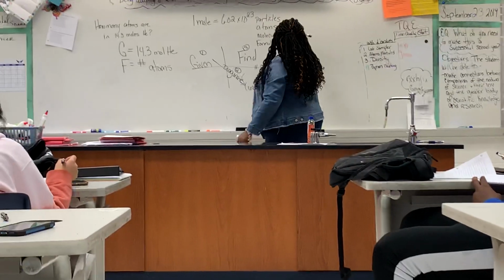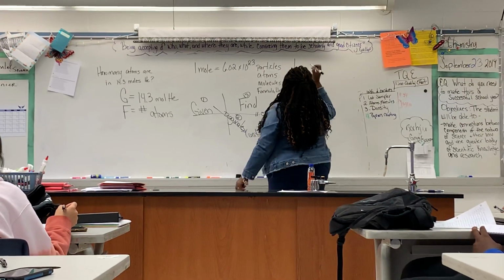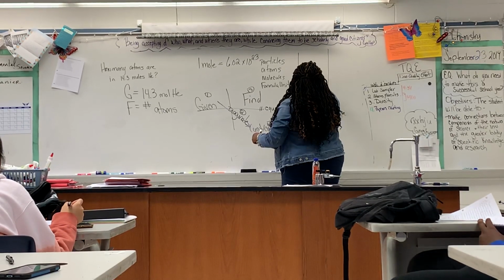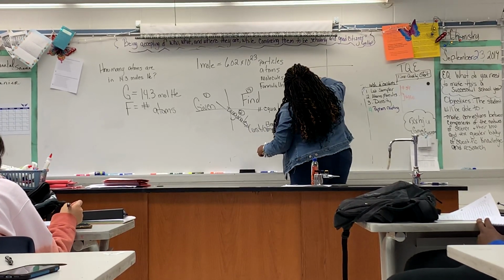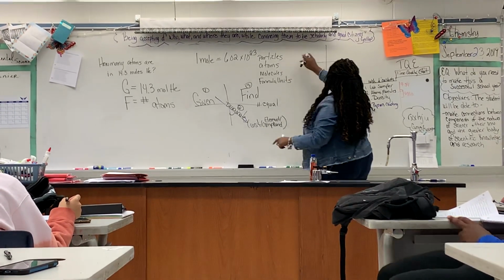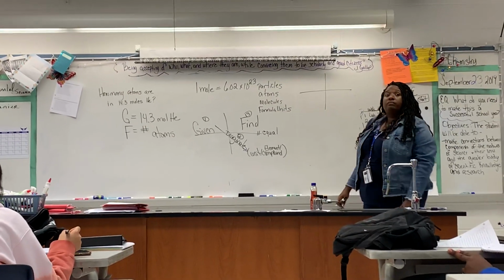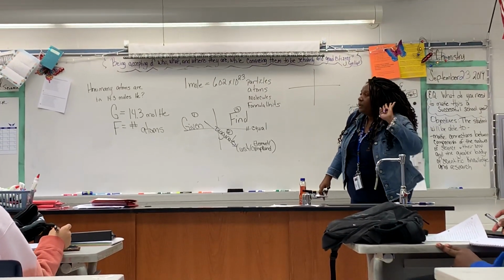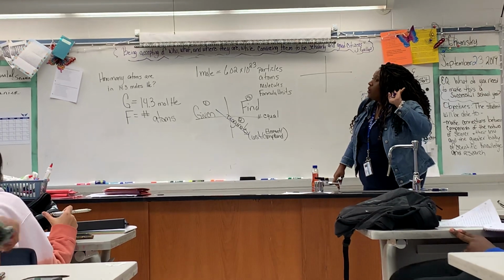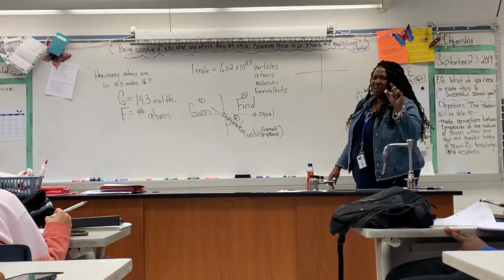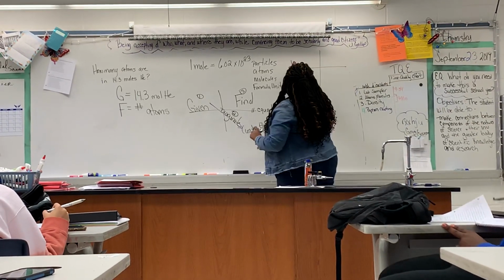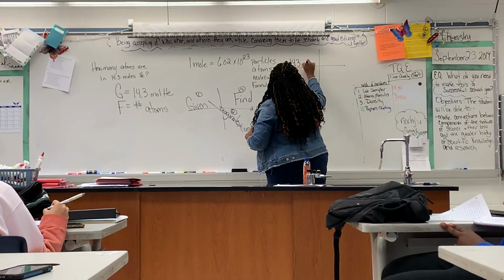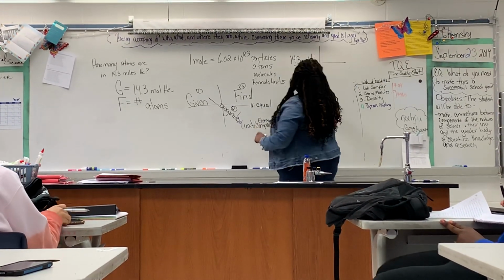Let's take this one. Let me erase this because I might confuse you. What's going to go here? 14.3 moles helium. You don't have to write the "of," but yes, very good. 14.3 moles of helium.